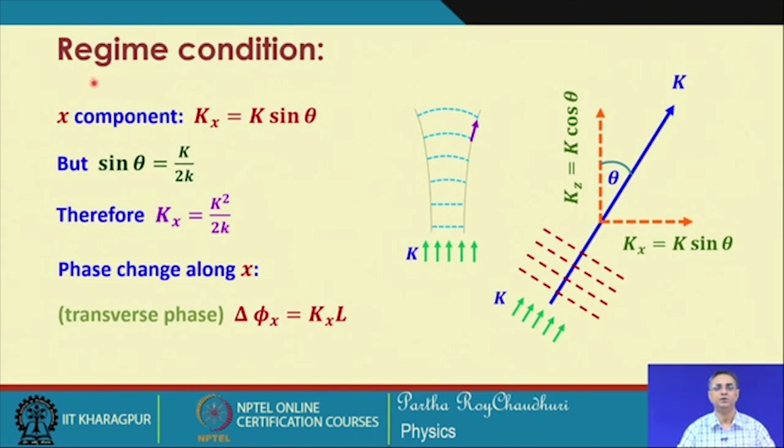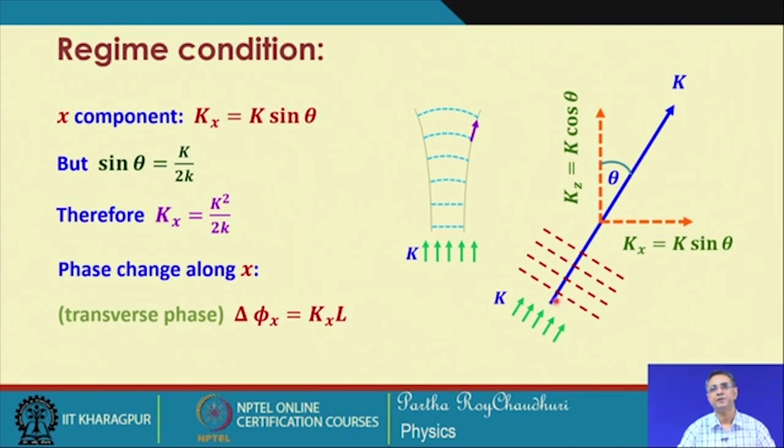Now, from here we can also bring out the Regime condition with this. You see you have an acoustic wave. So, there is a small divergence of the beam, and that means initially it was along the z direction, but effectively there is a small divergence. So, there is a component along the x. So, this x component will be k sin theta.